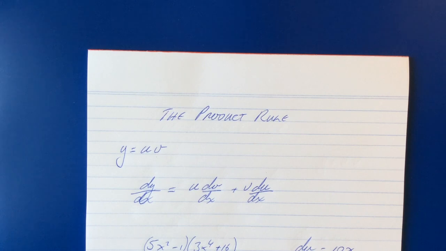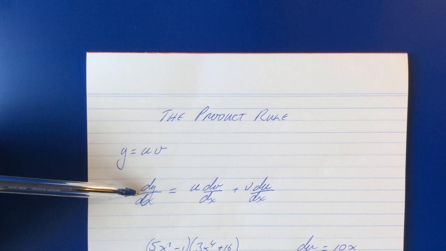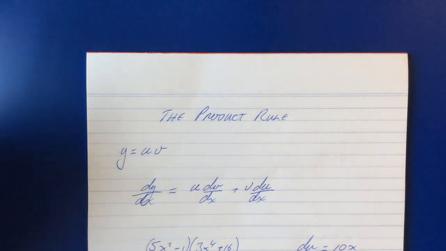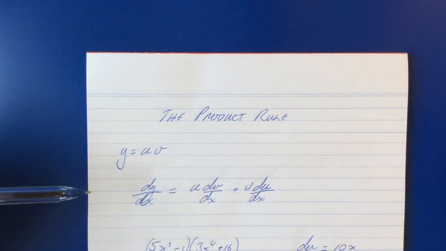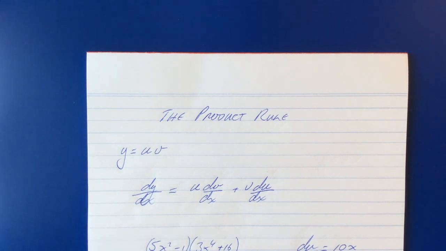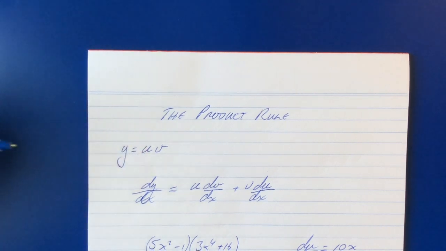So I'm going to show you the rule. You can see it here, but I'm going to talk you through it. And then I'm going to do an example, and by doing the example, I hope to give you a clear idea of how this works. It's designed, of course, to make life easier, and you will notice elements in here that might remind you of the chain rule a little bit, the idea of splitting something up into u and something else.